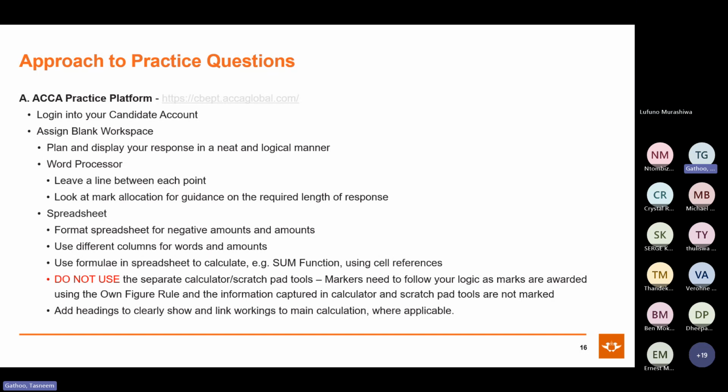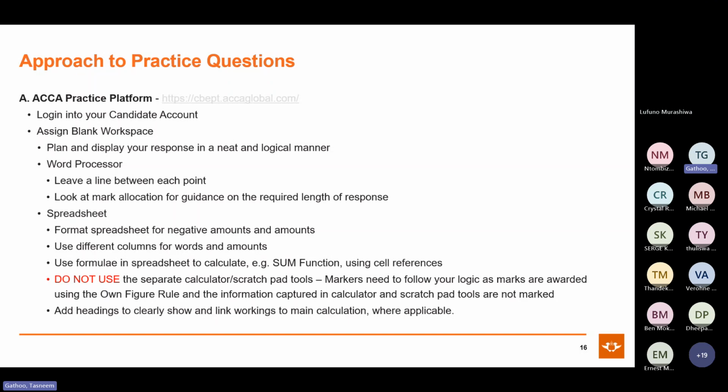Just make yourself familiar with that, and this is across the board, it's not only applicable to tax. Go and have a look at that and look at what they say, because they actually guide you: if they use this type of word, this is what they want you to do. Again, if it's a discussion type question, for each point that you're making, leave a line between them so that they can say, okay, this was one point, now let me move to the next point.